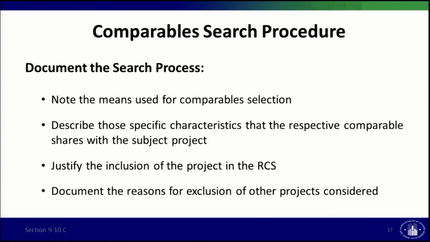You need to describe those specific characteristics that the respective comparable shares with the subject. Are they in the same market area? Do they have similar design and layout? And justify the inclusion of the project in the RCS. You're also going to have to document the reasons for exclusion of other projects considered. If unassisted properties are close but not used, you really have to explain why.